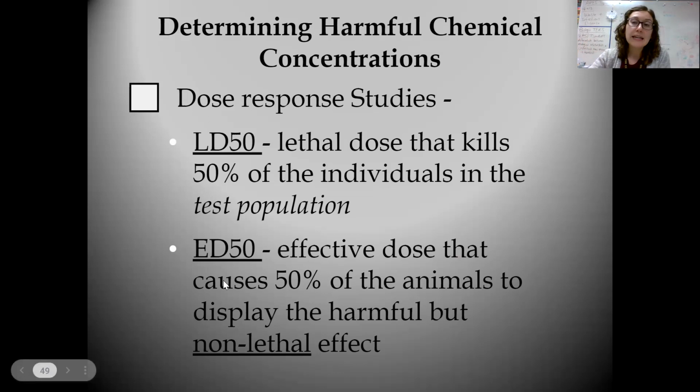Usually the ED50 is going to be a lower amount than the LD50, because the LD50 unfortunately takes the next step and causes the death of the individual. ED50 is going to cause bad side effects, but not result in fatality for 50%. So ED50 is usually a little bit less, a little bit more conservative.